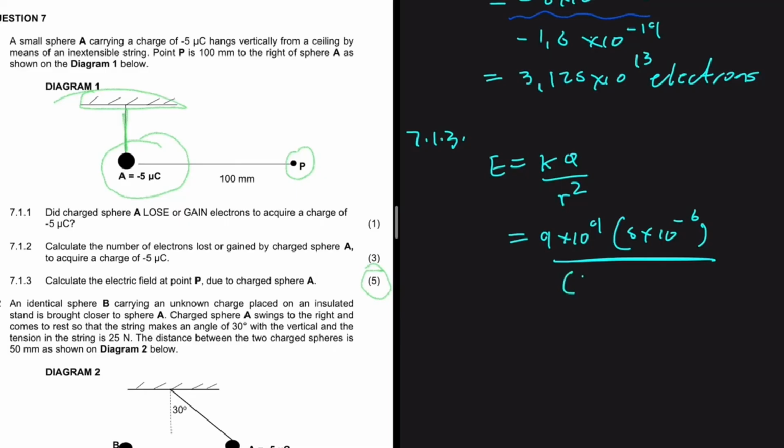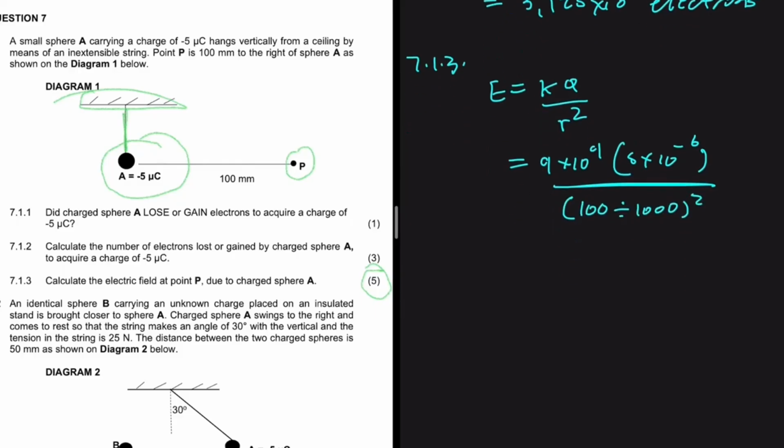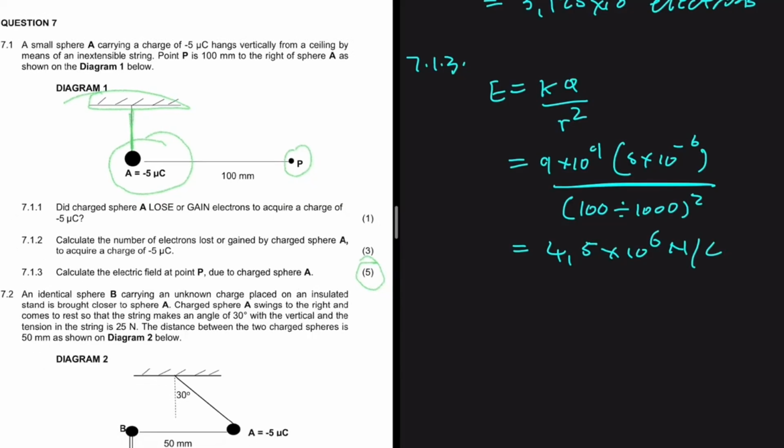So we're going to have 100 divided by 1000 squared. And then if you punch that in your calculator, you're going to get 4.5 times 10 to the 6 newtons per coulomb of charge. And just like that, you've earned yourself 5 marks, which is, yeah, unheard of.